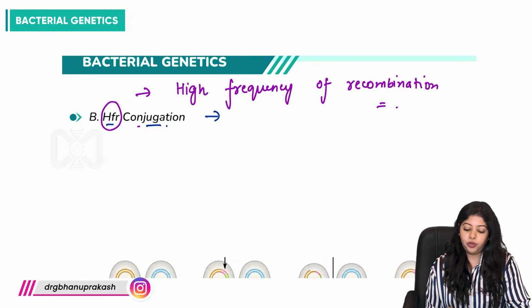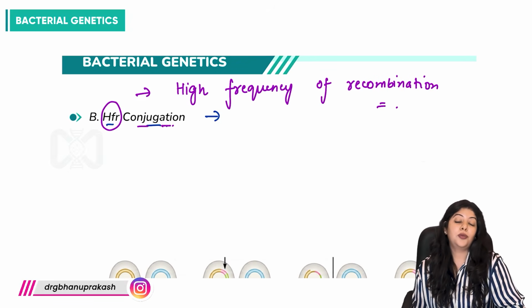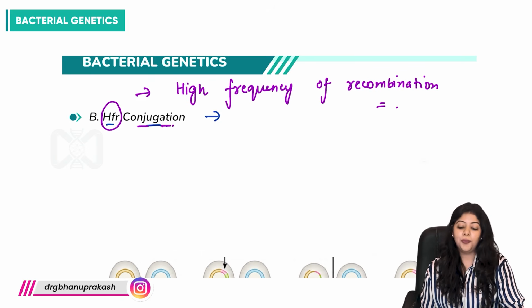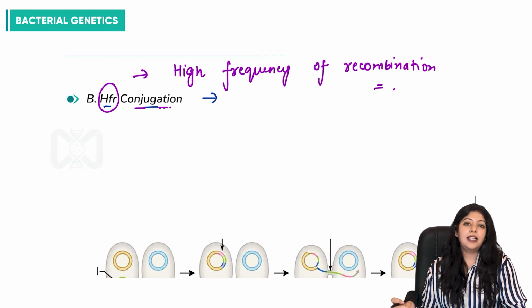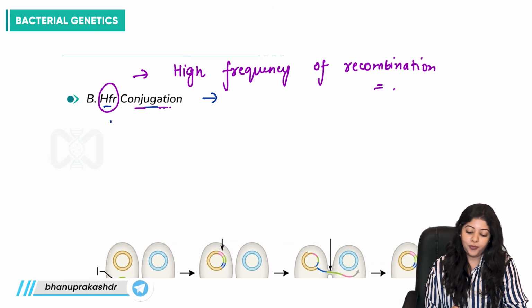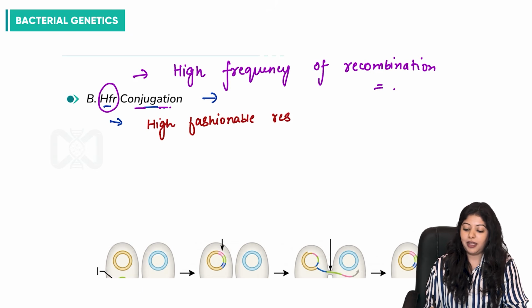So most of you would relate to a story that I'm about to tell you. To remember what exactly happens in HFR conjugation, if you know, there are some highly fashionable residents in your batches, right?